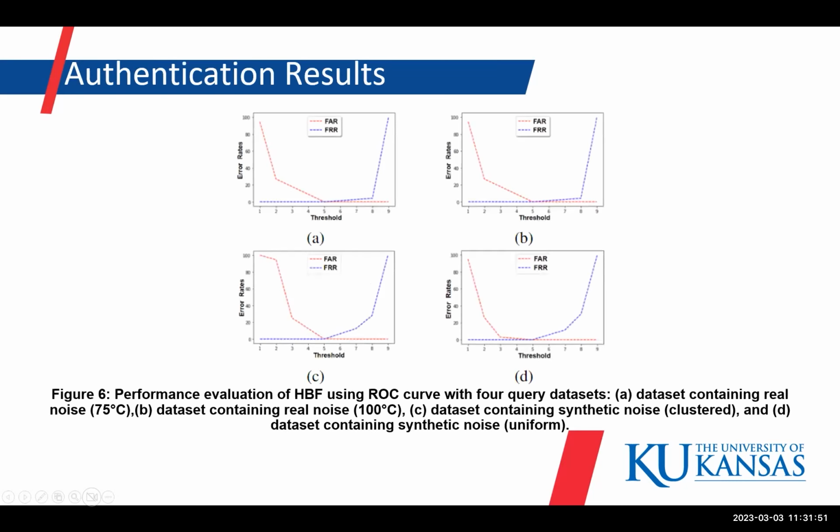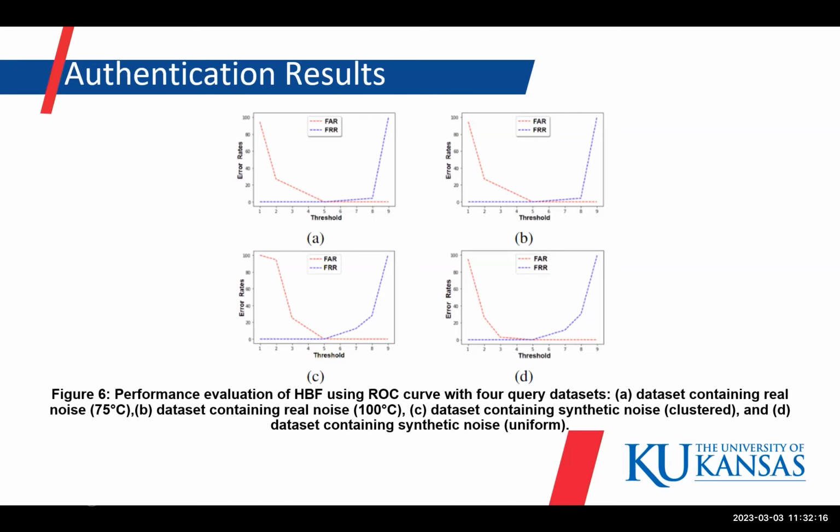So now comes the authentication performance. We measured authentication performance using the receiver operating curves. This actually shows that if we can tune the parameters of our framework properly, it is possible to achieve a 100% authentication rate, even when we have query sets that have noise incorporated.